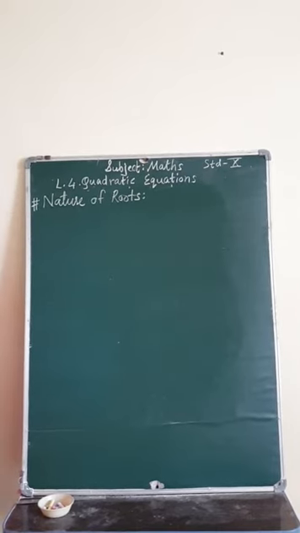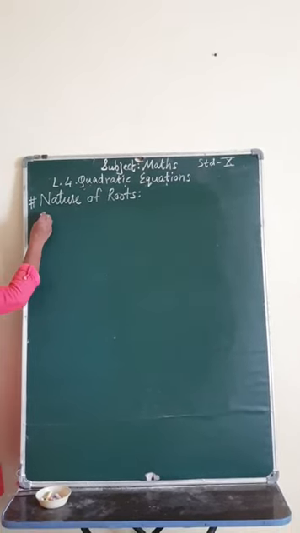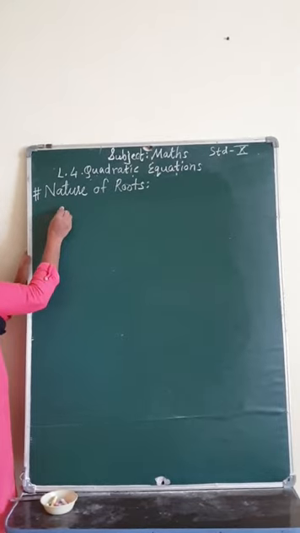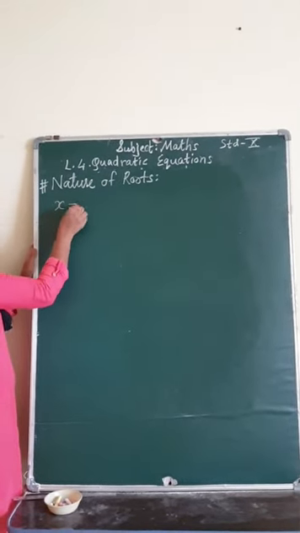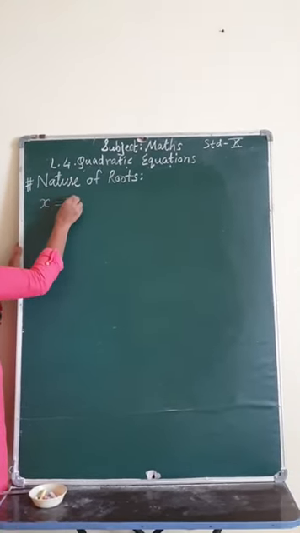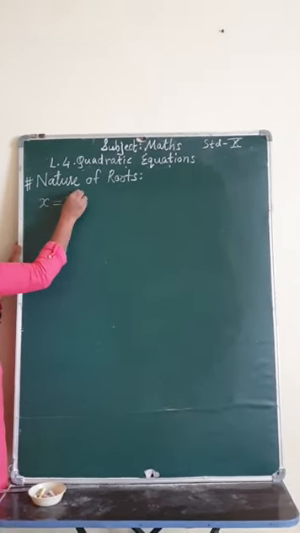Next concept is nature of roots. As we have seen, in a quadratic equation, how do we get the roots? We get roots by the quadratic formula, minus b plus or minus the square root of b square minus 4ac, upon 2a.